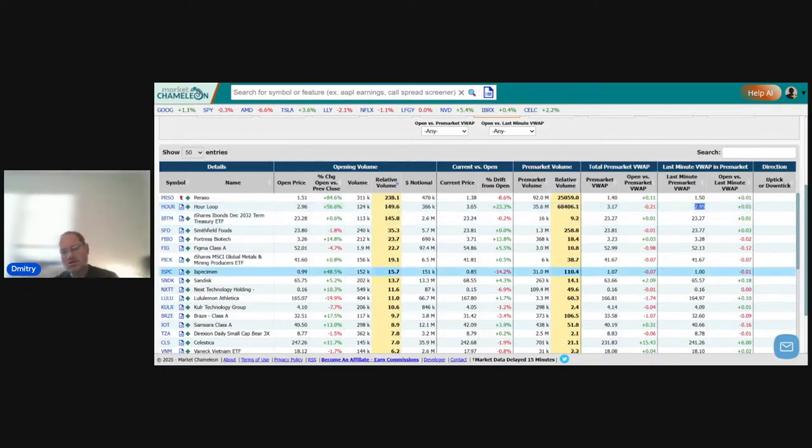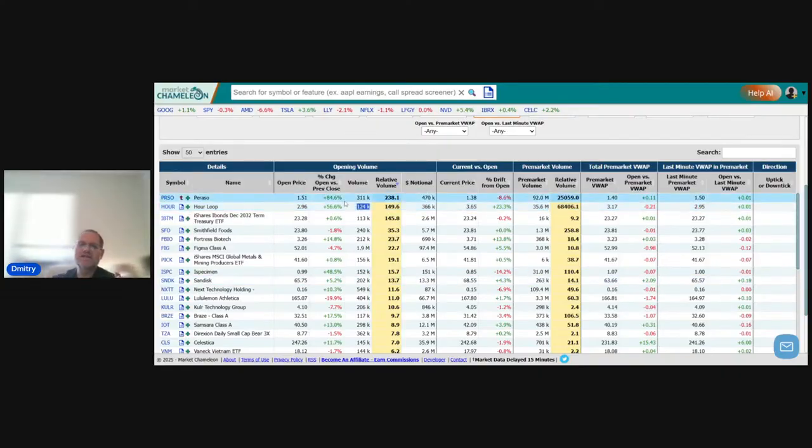So here it shows, at least from the perspective of this stock, that we did see a big surge in the opening volume, but that volume, even though it's huge, was not that large relative to the pre-market. The pre-market was way bigger, 35 million, and in the pre-market activity the stock was higher.